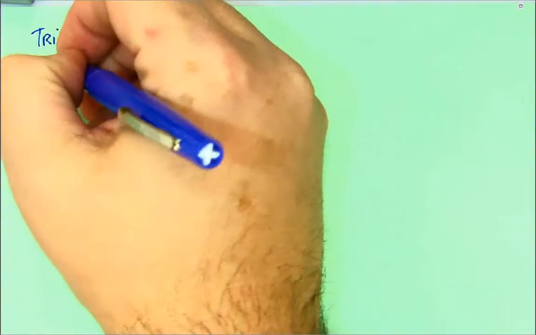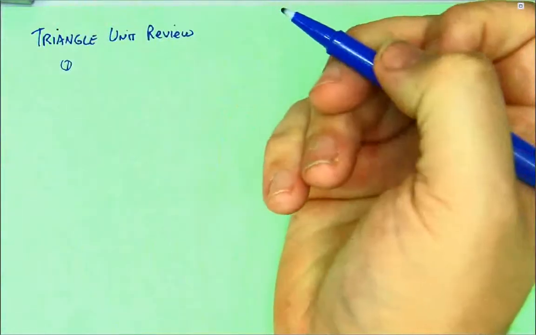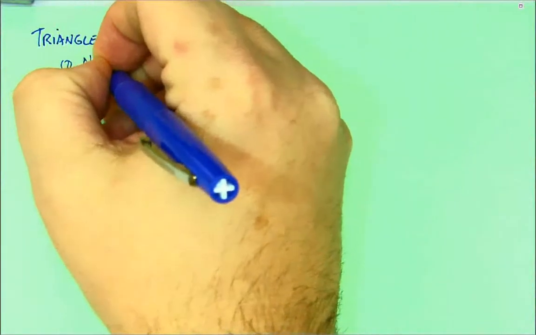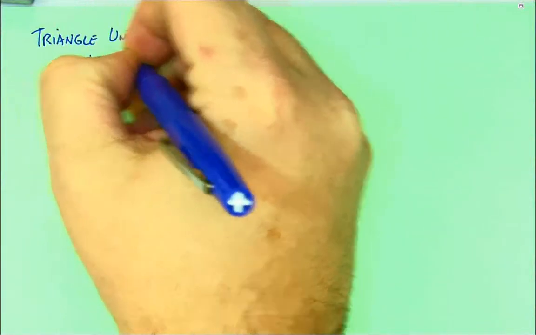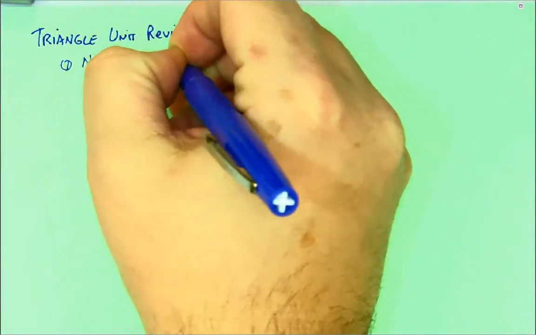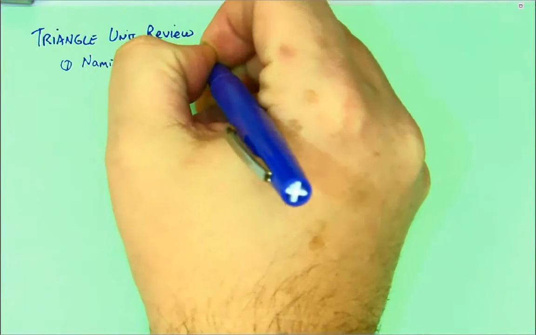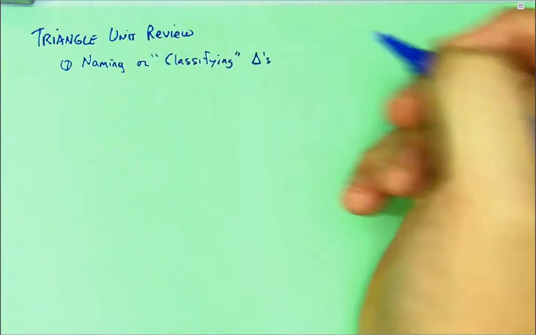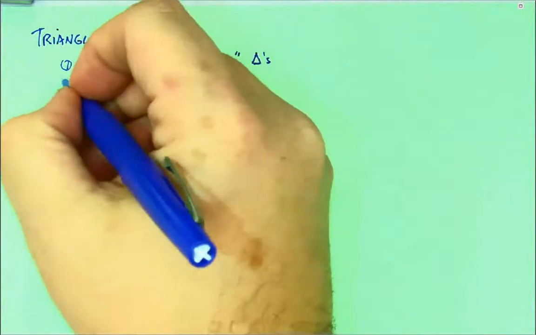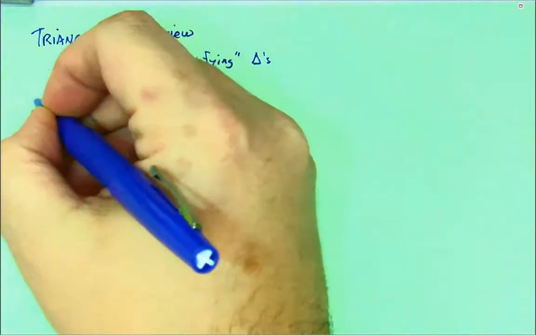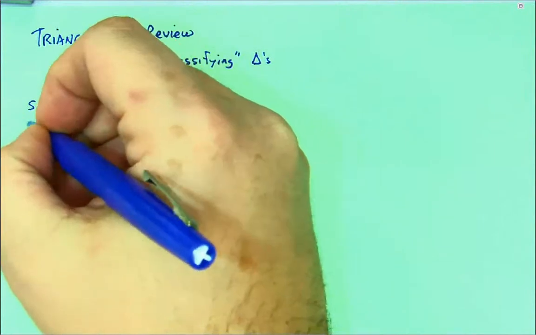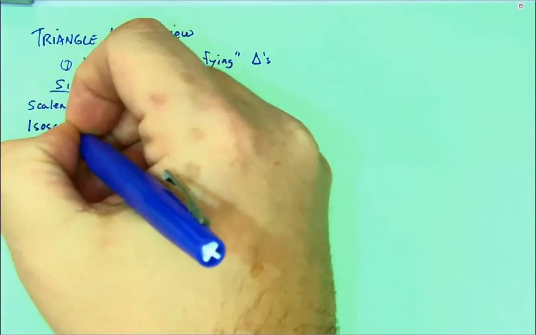Now, first thing that we talk about with the triangle unit review is naming or classifying triangles. We could do this by side. We talk about scalene. We could talk about isosceles.